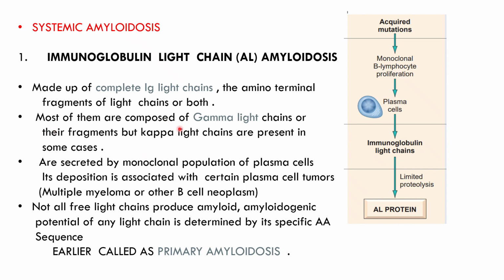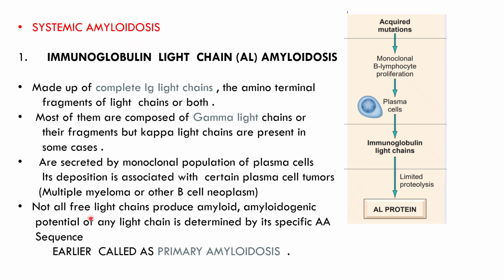Most of them are composed of lambda light chain. Kappa light chain can be present in some cases, but most of them are lambda light chain. They are secreted by the monoclonal population of plasma cells, and the deposition is associated with certain plasma cell tumors like multiple myeloma or other B cell neoplasms.